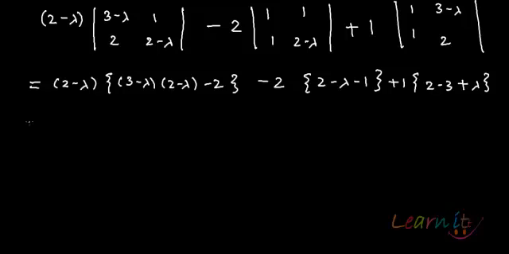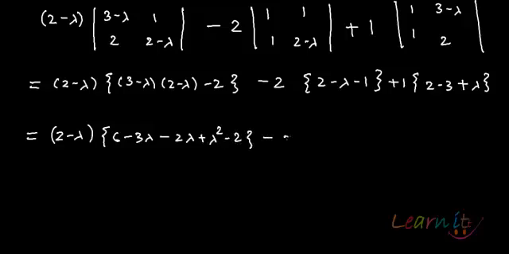When we open it up, we will get 2 minus lambda into 6 minus 3 lambda minus 2 lambda plus lambda square, minus 2 minus 2, 1 minus lambda, plus 1 into lambda minus 1.